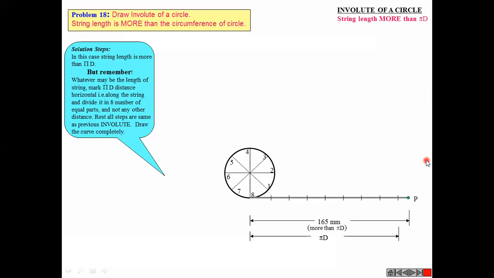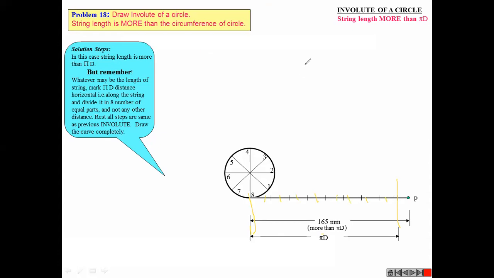What we have divided, you see it again. We haven't divided the actual line. What we have divided here is this much only. That is equal to pi d length. The remaining portion we have kept as it is. So these are 1, 2, 3, 4, 5, 6, 7 and 8.